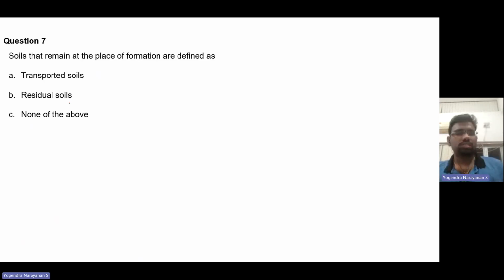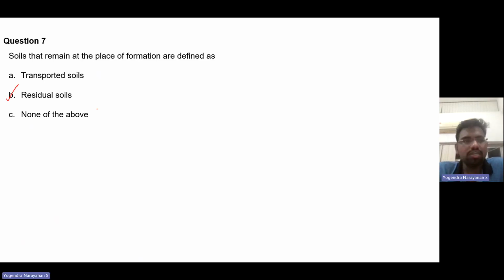So with this discussion, you might have known the answer: soil that remains in the place of formation is defined as residual soils.